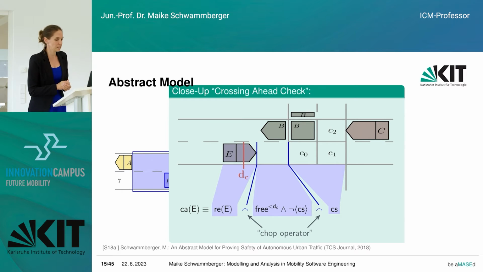So basically the idea is we have a chop operator, as we know them maybe from other interval logics, and the idea is that we can see here on the left we have some reservation of a car named E, and then directly in front of that there's a chop operator, and this means there's some free space, but the free space is smaller than some distance to the crossing, and then after that another chop operator saying, and then there is a crossing segment. So this is the type of formulas we can actually make with the logic.